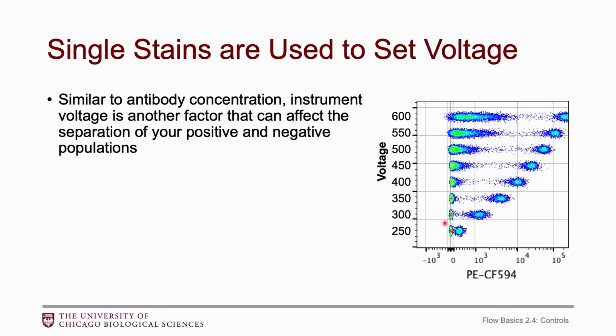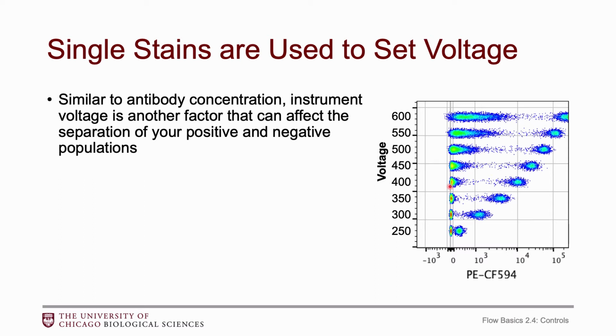So you can imagine that you want to optimize both the antibody concentration and the voltage setting on the instrument in order to get your best separation of your positive and negative populations. The good news is that you don't have to do a lot of work, hopefully, for setting voltages on the instruments.